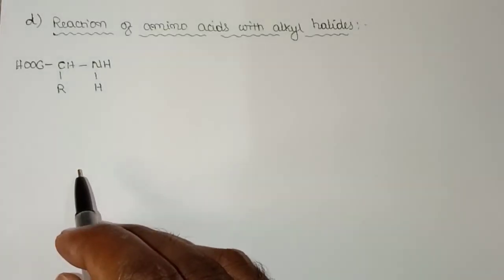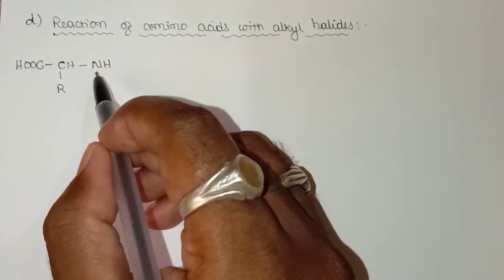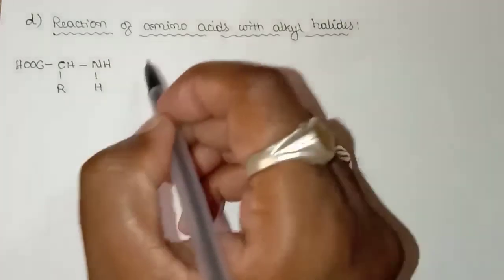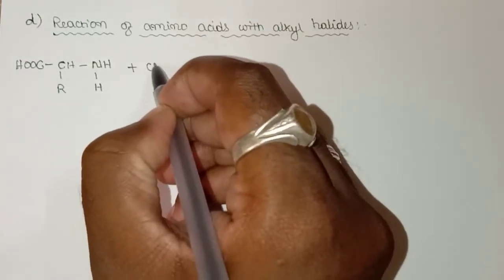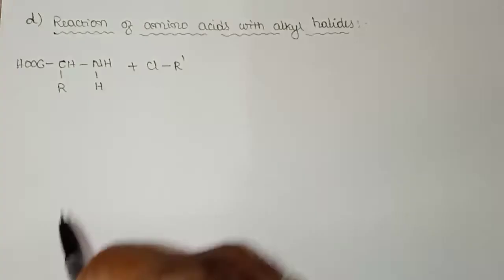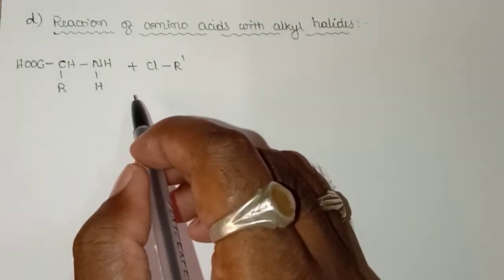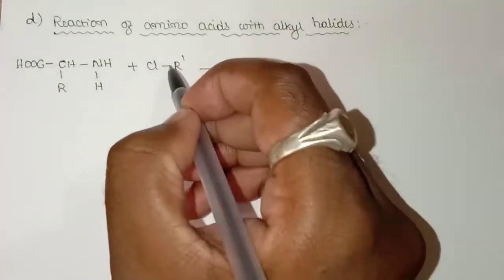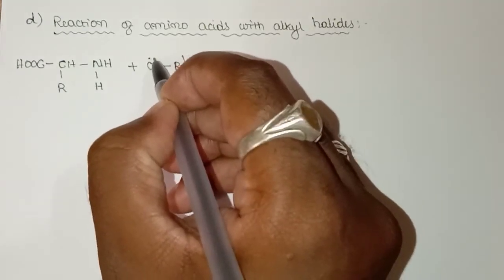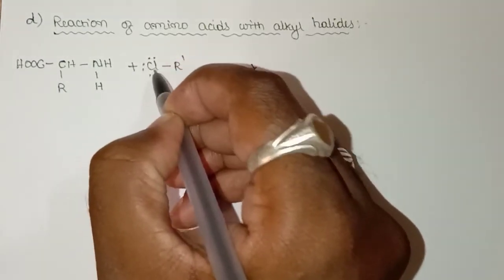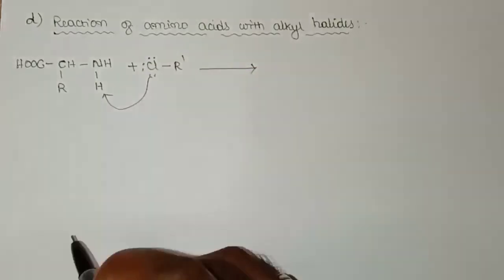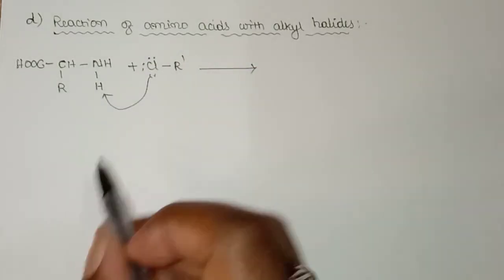So this is the amino acid. NH2 has been written as NH and one H has been stickered like this. And now we shall place one alkyl halide. So R-Cl has been taken, and now the simplest reaction is that the lone pair of electrons present on the alkyl chloride, here I have taken chlorine, will be donated to the hydrogen.